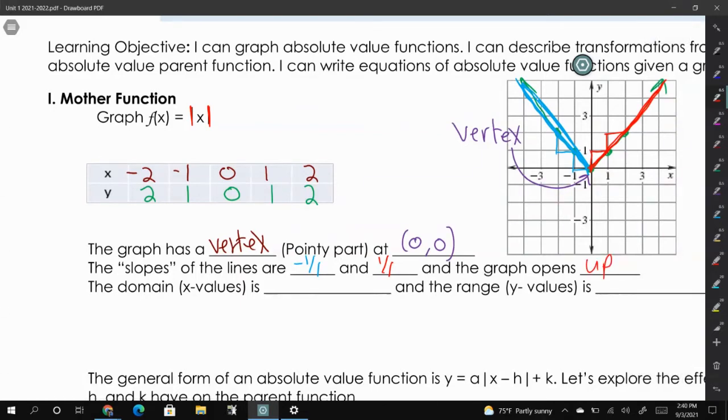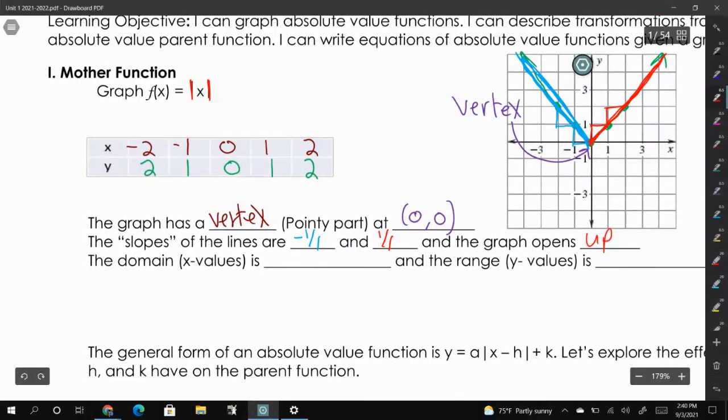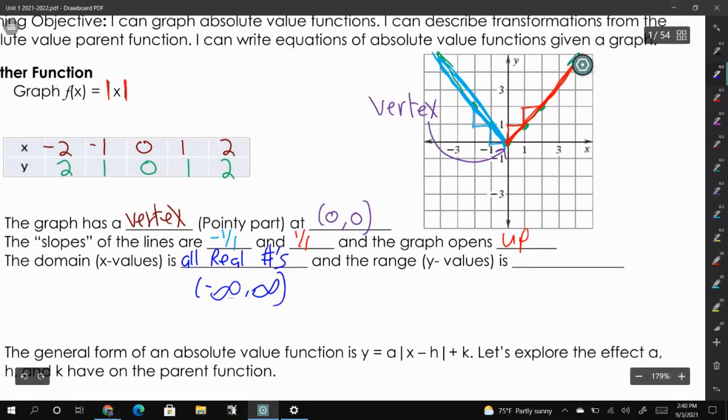And the domain, remember, domain is the x values. You can plug in any number for x and take the absolute value. So the domain is all real numbers, or you can write it as (-∞, ∞), because that means every number from -∞ to +∞. The range, or the y values, that's different.